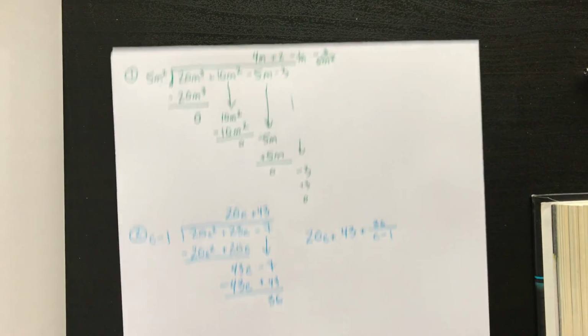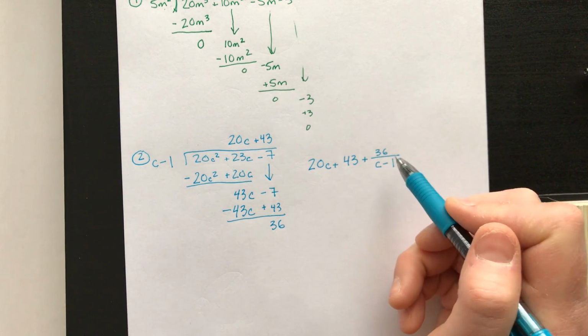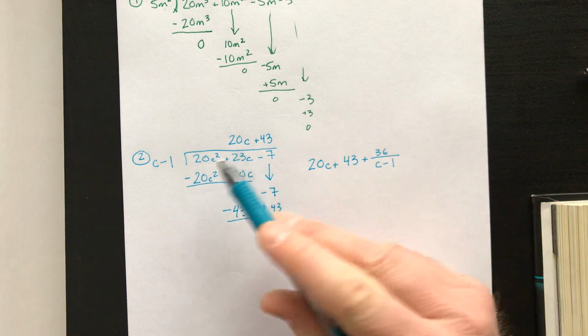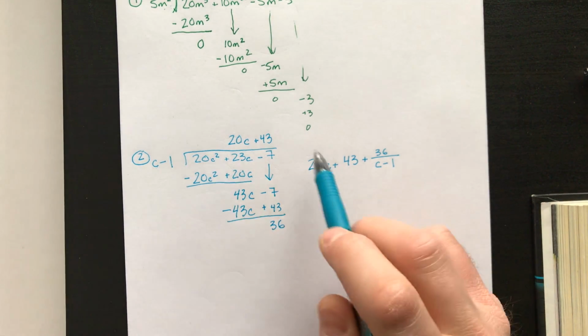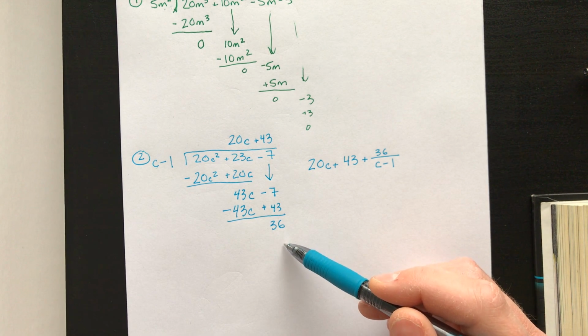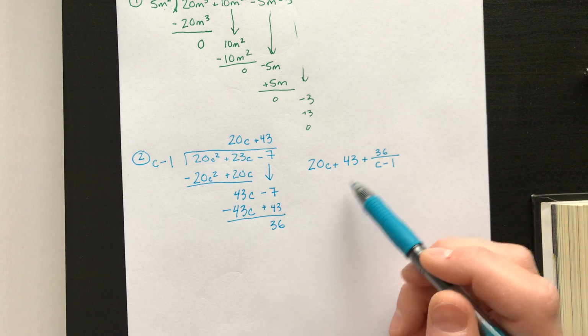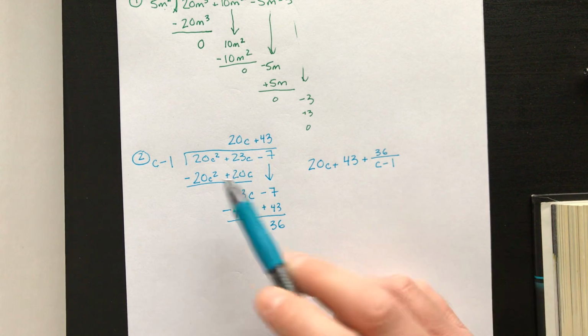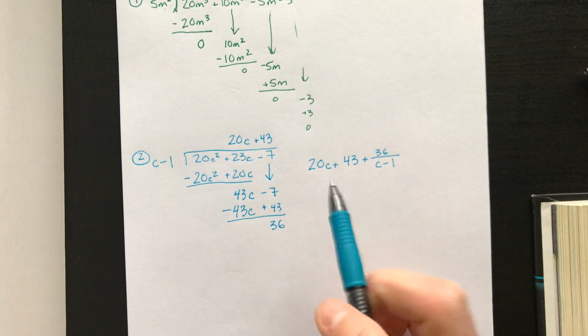It's the same concept here. If we take 36 over c minus 1 times c minus 1, the c minus 1s are going to cancel. The 36 is going to come down here and go to 0. So whenever you have a remainder like this, just put it over whatever you're dividing by, okay?